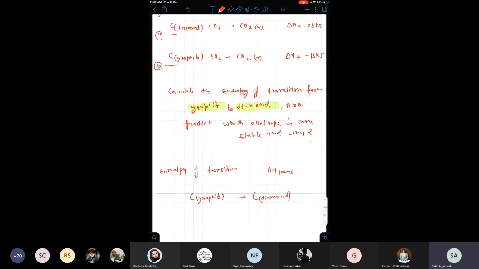Yes. If you are doing A minus B, your graphite will go on the right hand side.